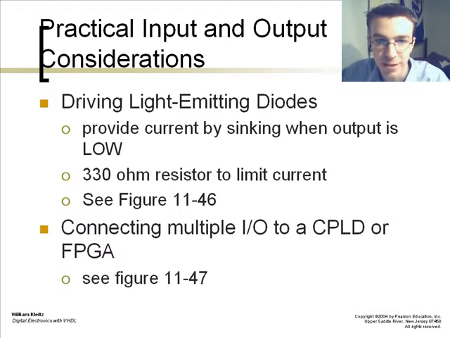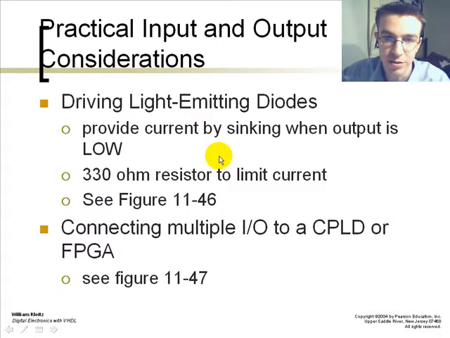Some more practical considerations is driving light emitting diodes. These provide current by sinking when output is low, 330 ohm resistor to limit current, and connecting multiple I/O to a CPLD device.